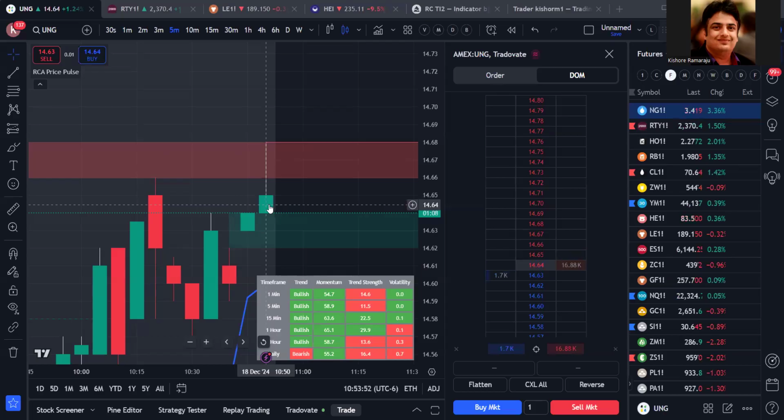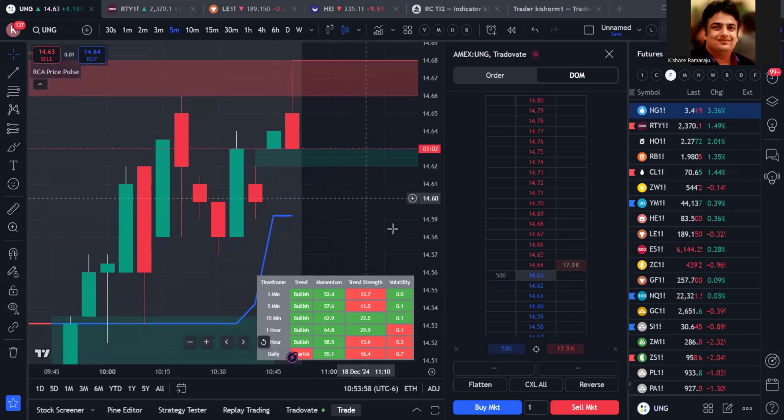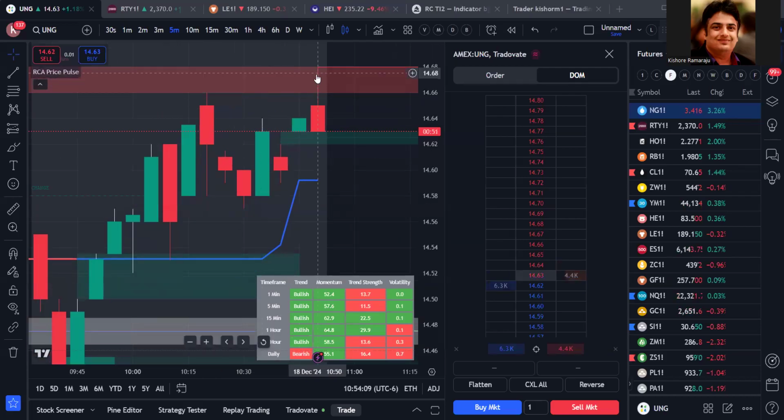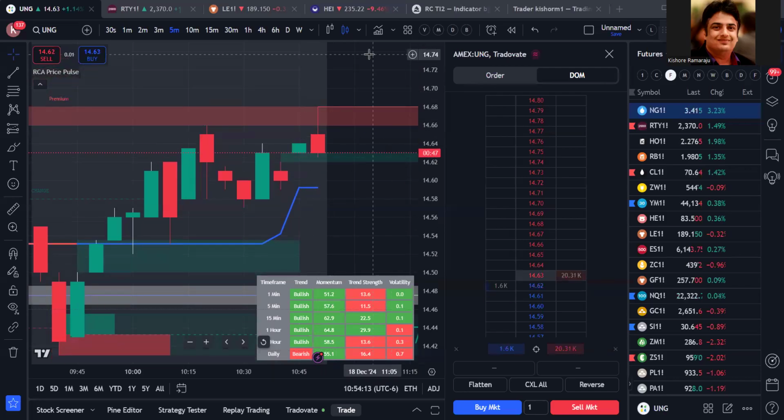There is a drop, right? But if you understand the concept, you know where to book the profits, because it is going close to that resistance. I asked all the option members to book the profits. So that now again, if there is a pullback and again it starts moving up, next time it may go much higher.